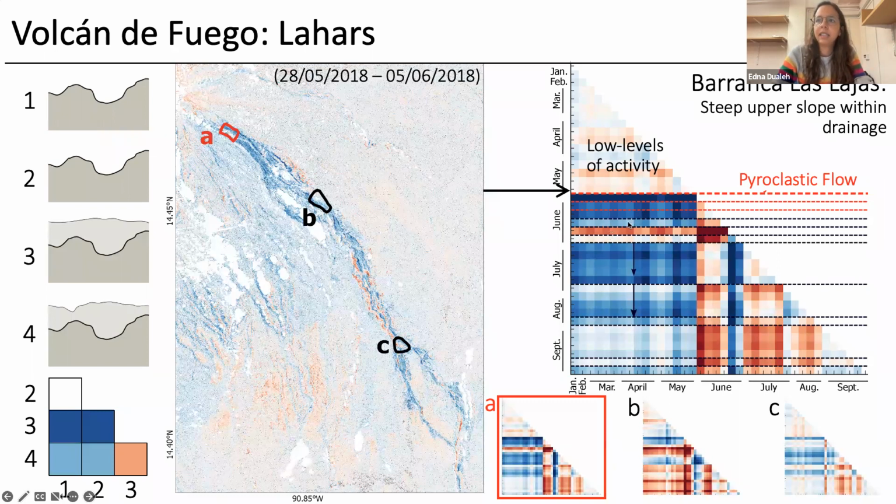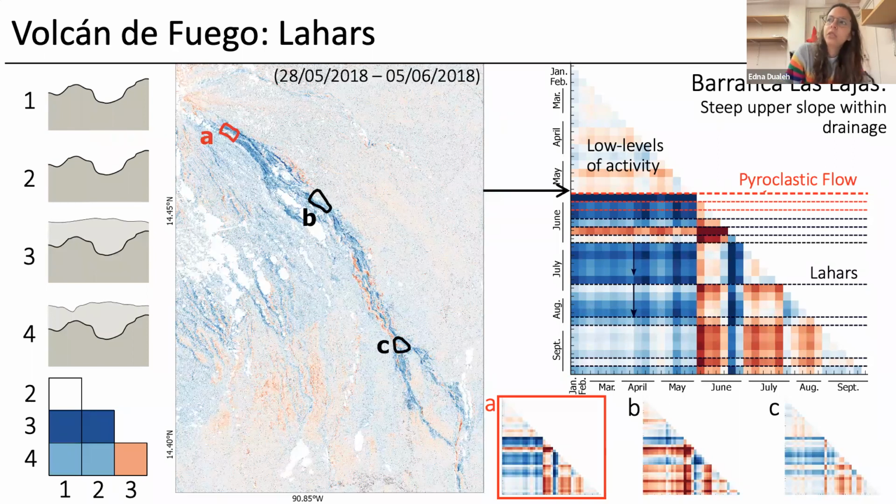So by identifying these points of interest in multiple grids along the pyroclastic flow, as well as comparing it to local rainfall data, we can say we're able to identify potential periods of high lahar activity.